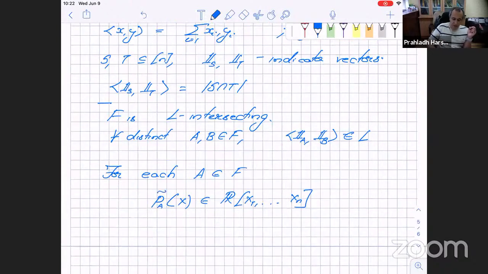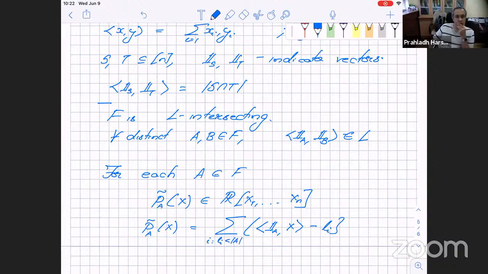I'll then come to what P_A is. P_A tilde of X I define to be the following quantity: the product over all l_i such that l_i is less than the size of A, of the inner product of 1_A with X minus l_i. Okay, people with me? This is the definition.